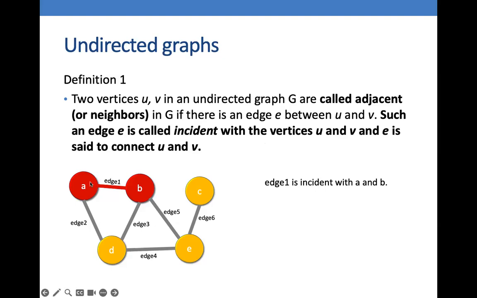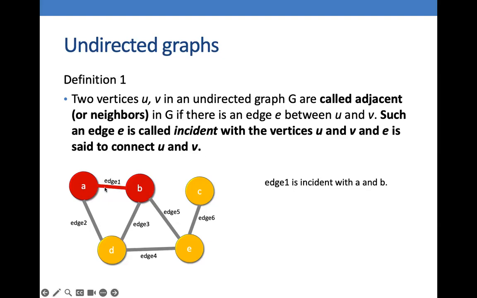Okay, so for example, here we have vertices A and B, which is connected by edge 1. We can then say that edge 1 is incident with A and incident with B, since this edge is connecting these two vertices. Again, such an edge E is called incident with the vertices U and V, and E is said to connect U and V.